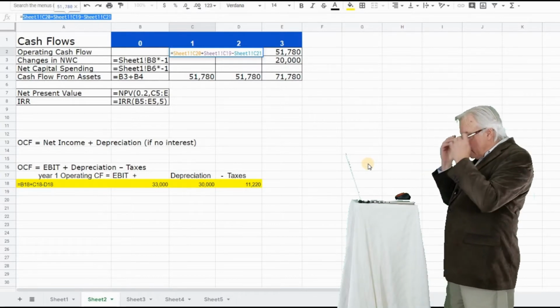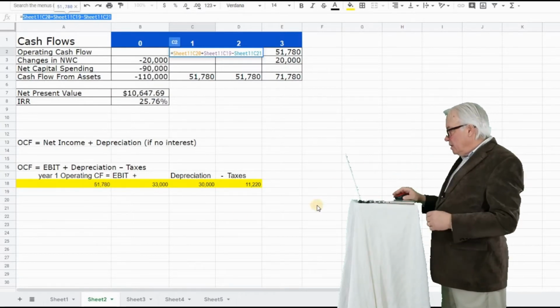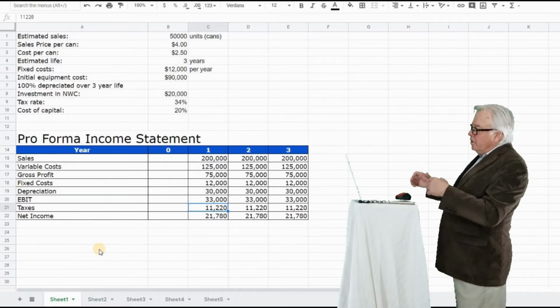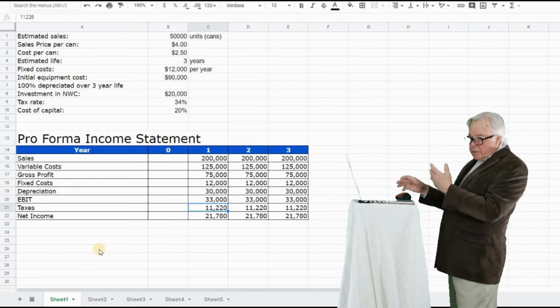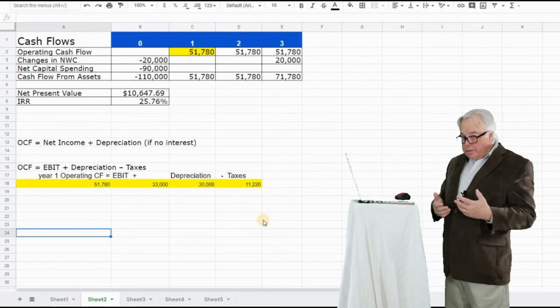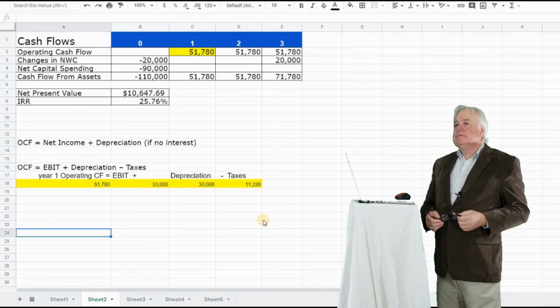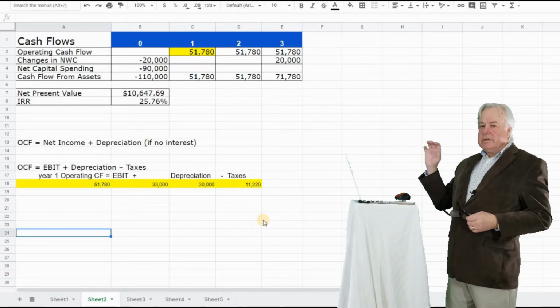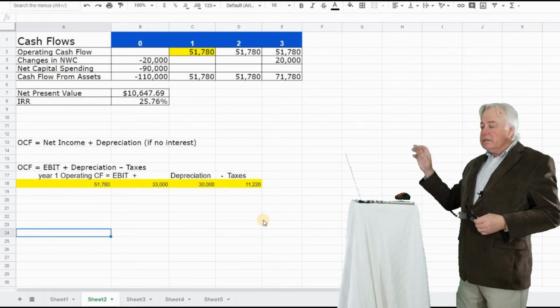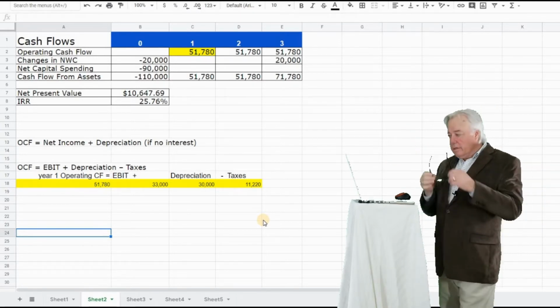Let me turn this back. It's easier for you to do your workup on one sheet, and then use those numbers on another sheet. It allows somebody to just concentrate on this particular sheet.